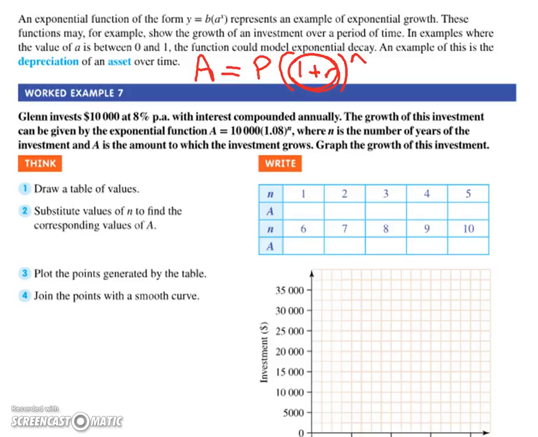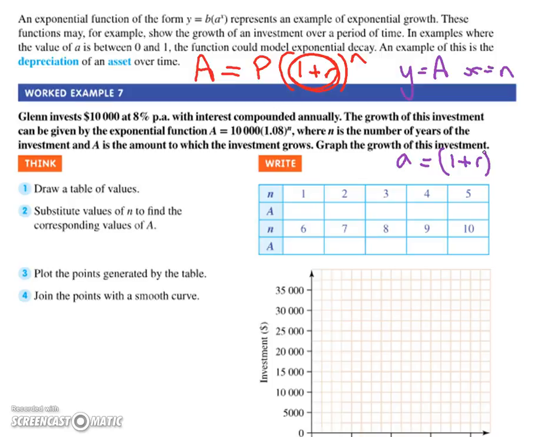So instead of the y, I've got an A, and instead of the x, I've got an n. And instead of the little a, I've got the 1 plus r. So we've got y equals a to the power of x, and in the compound interest formula, they're the equivalent things. Now, the number out the front, the P, is just a number that you're multiplying it by.